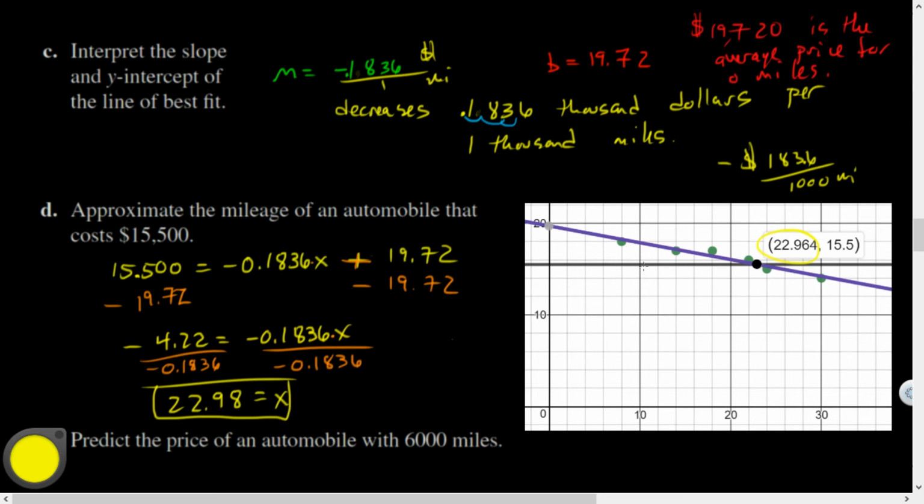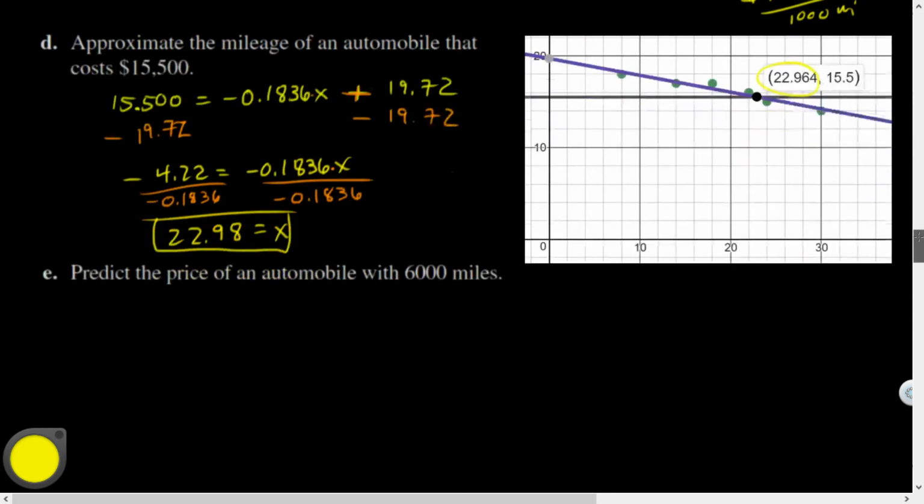Not quite the same number, oddly enough. Oh, because I truncated some of my decimals. But nonetheless, if I wanted to predict it, I could plug this in for y and solve for the corresponding x. So if I had this much money to spend, I should expect that the car that I buy would have around 22,000 miles on it.